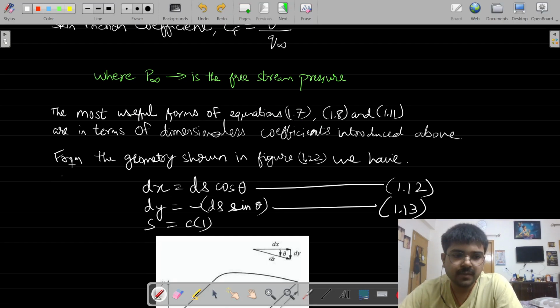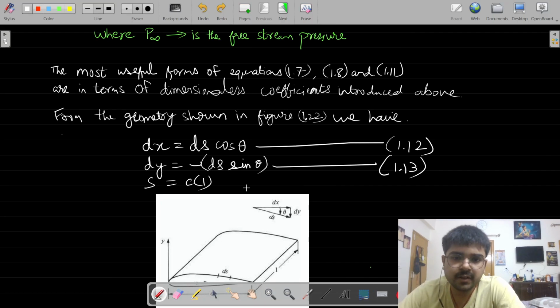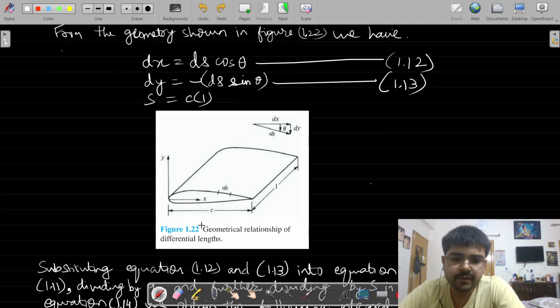So from the geometry shown in figure 1.22, we have dx equal to ds cos theta, dy equal to minus ds sin theta, and S equal to c into 1. This is the figure 1.22 that we were discussing, this is the chord c, this is the x and y coordinate system, and this is the ds that we had earlier studied.